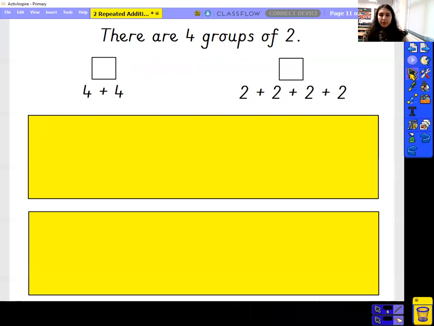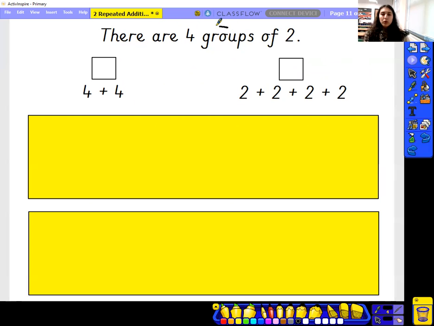Fantastic, well done. So now I've got a statement. There are 4 groups of 2. So remember, there are 4 groups of 2. So that means if I've got 4 groups, I must have 2 and 2 and 2 and 2. So which representation is showing me that there are 4 groups?